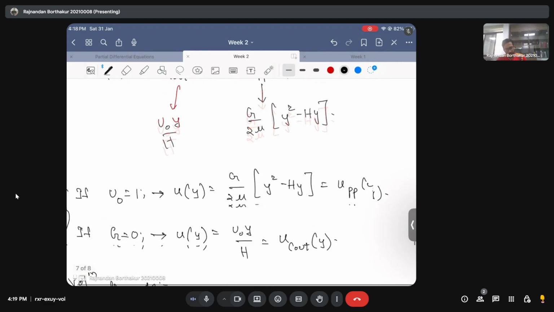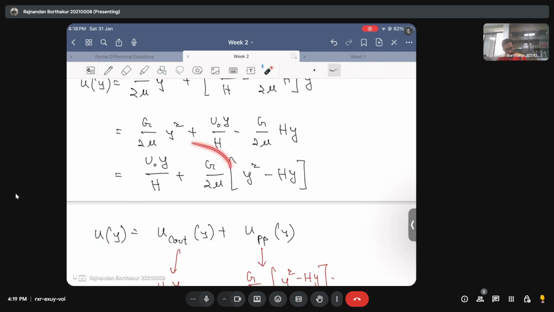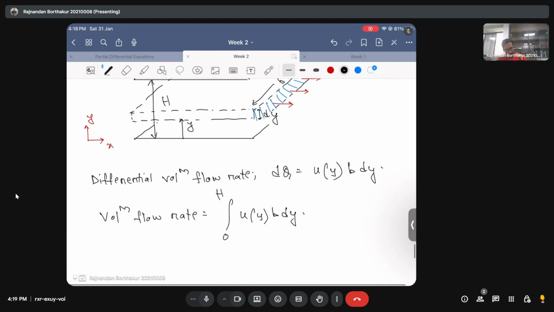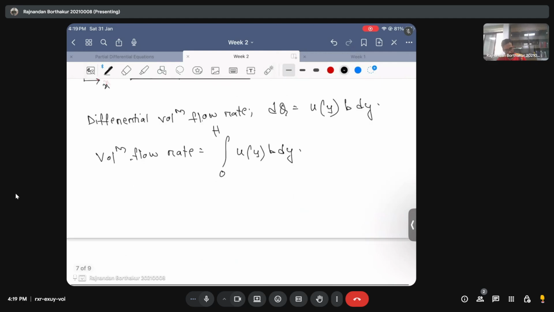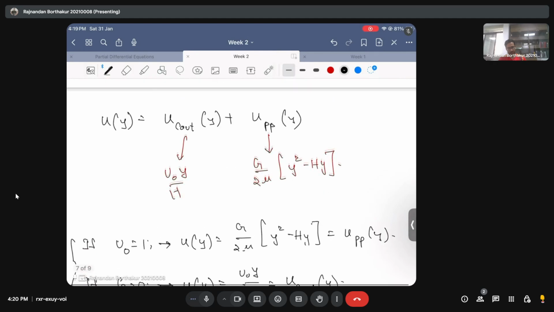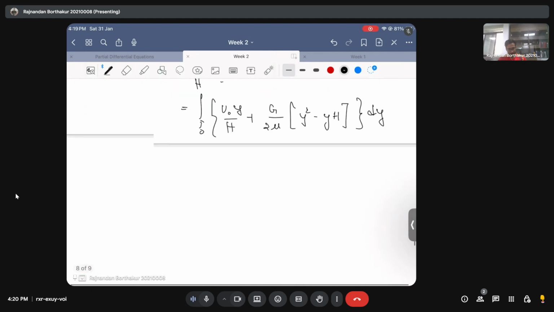We already evaluated the velocity profile, so we just need to substitute it. So the integral from 0 to h of u naught y by h plus g upon 2 mu times (y square minus y h). I think that's the velocity profile that we have, and you need to integrate it from 0 to h. Yeah, exactly. Okay, so that's it.